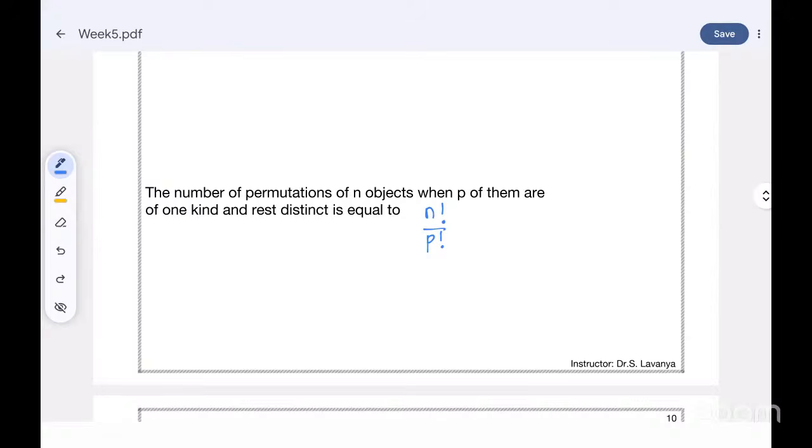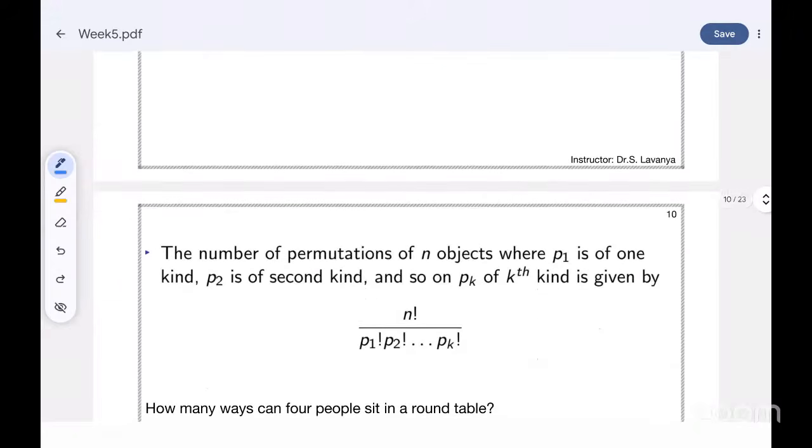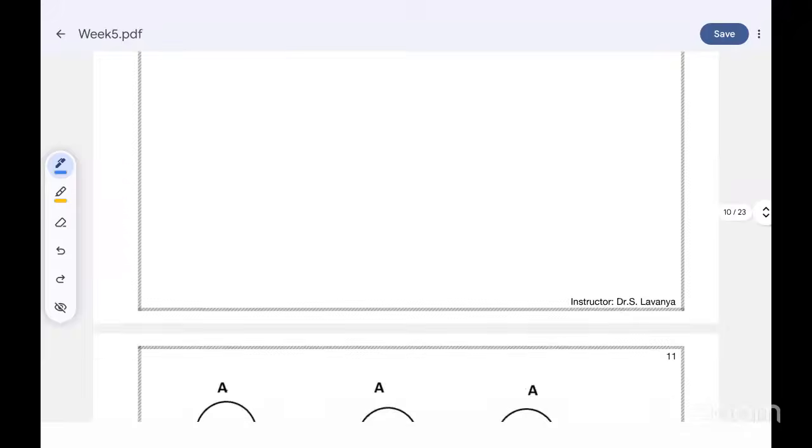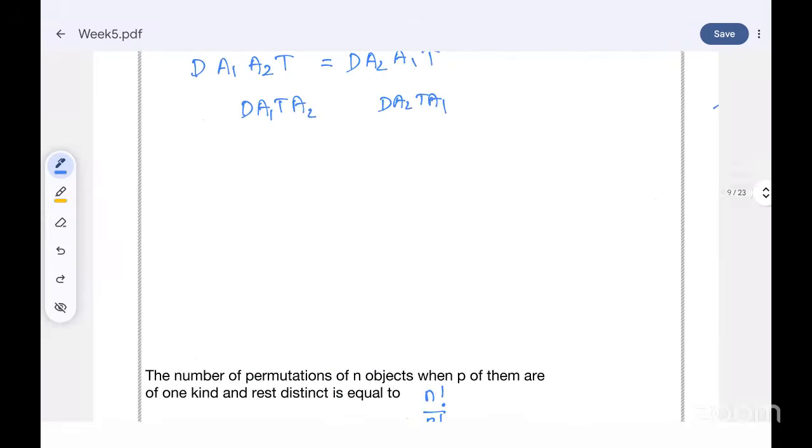Now we just had one repeating item, but suppose we have more repeating items. Then what? So, for example, suppose some other word.